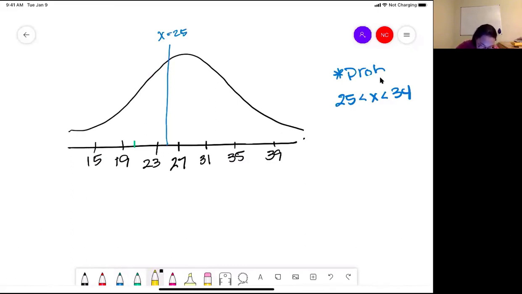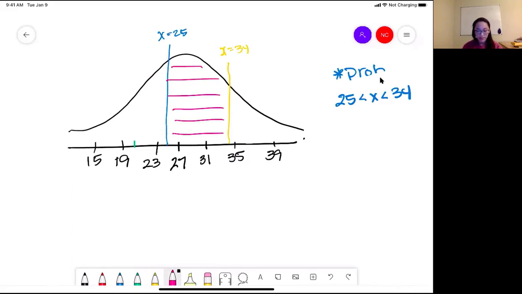And we can say our other boundary of the area we're in search of is where X is equal to 34. Okay. So the actual probability or shaded area that I'm interested in finding is this part right here. Does everybody understand how that probability matches these expectations?